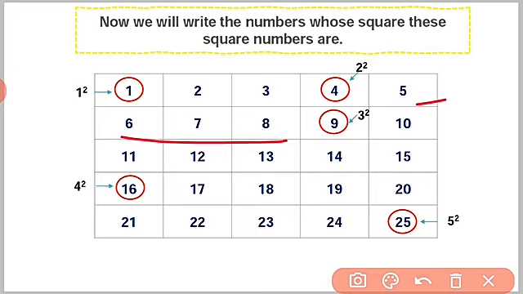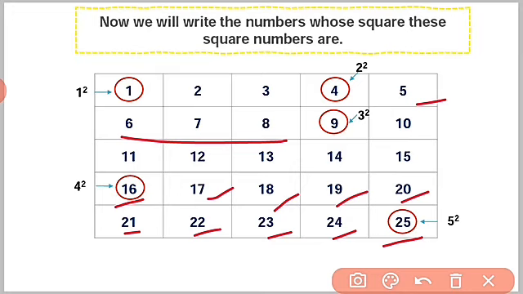In the same way, how many natural numbers are there between 16 and 25? There are a total of 1, 2, 3, 4, 5, 6, 7, 8.